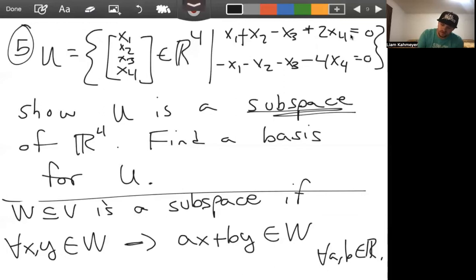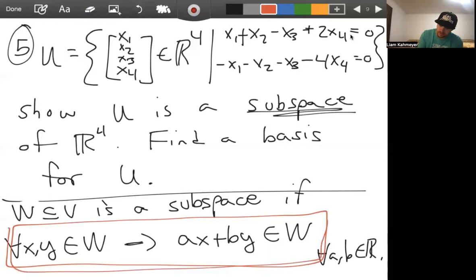But we do need to verify this criterion for the given subset of R4 here. To do that, we need to set up the following. We need two elements x, y.